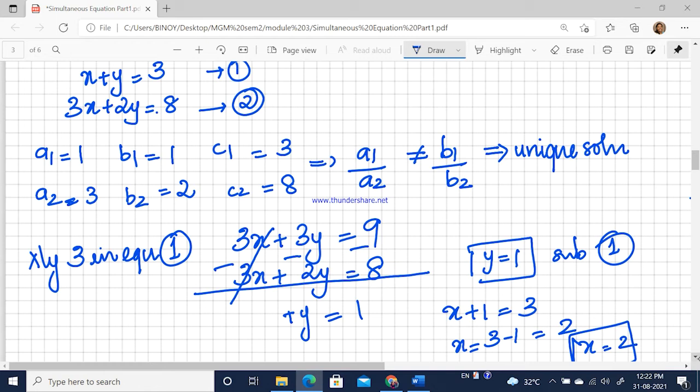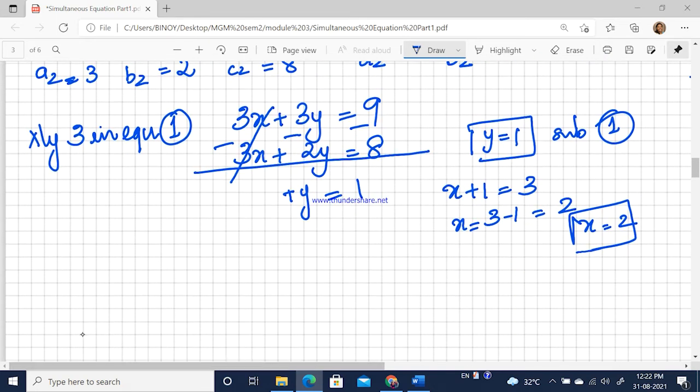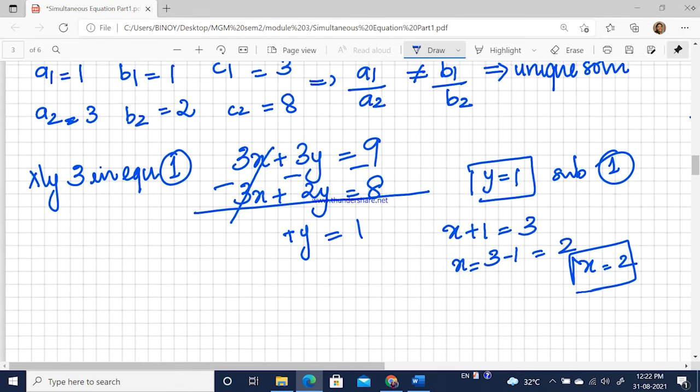So substituting x is equal to 2 and y is equal to 1 in the second equation, 3 into 2, that is 6, plus 2 is equal to 8. That is LHS is equal to RHS.